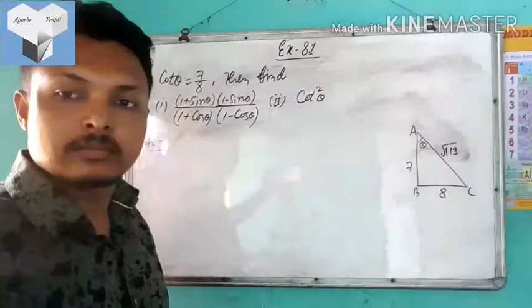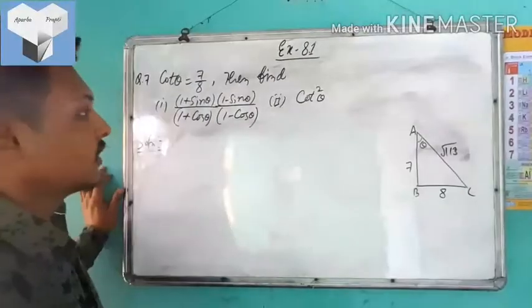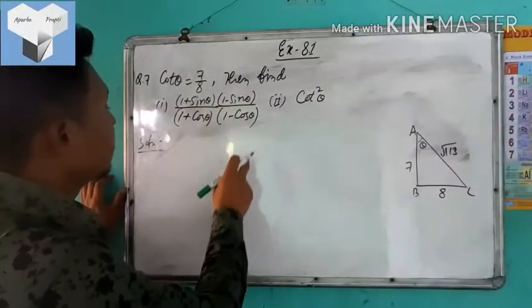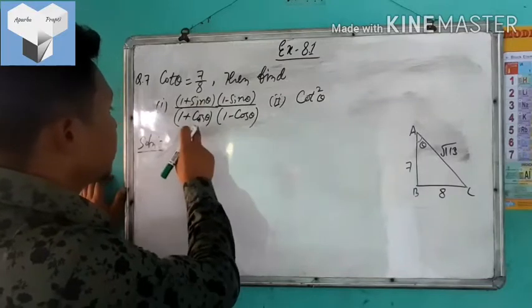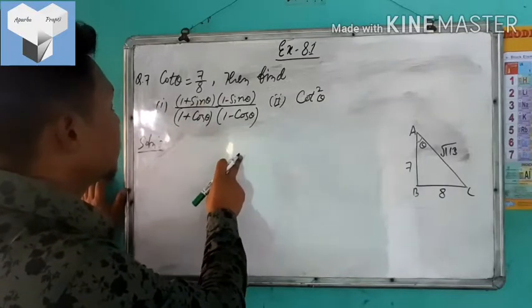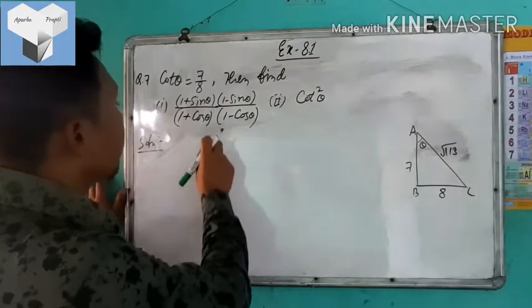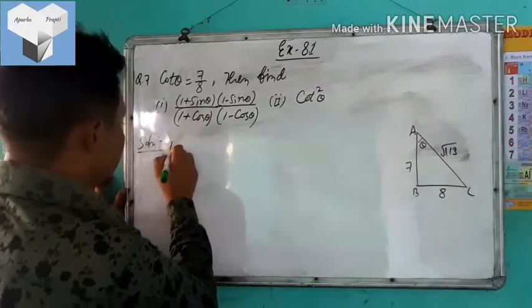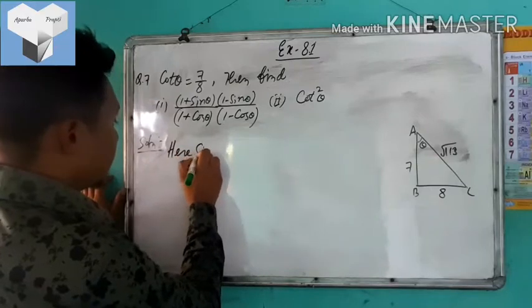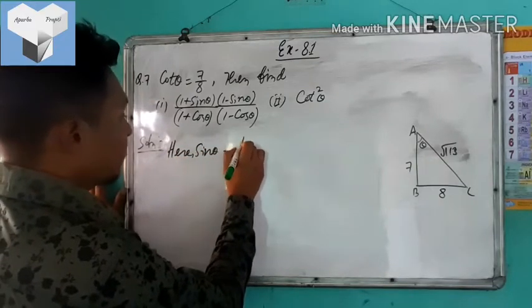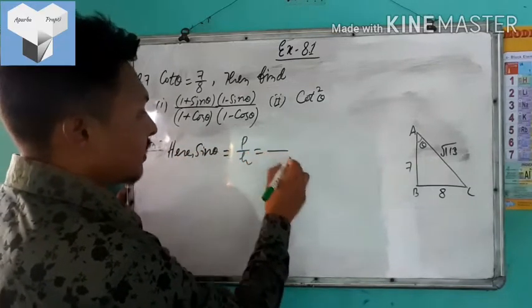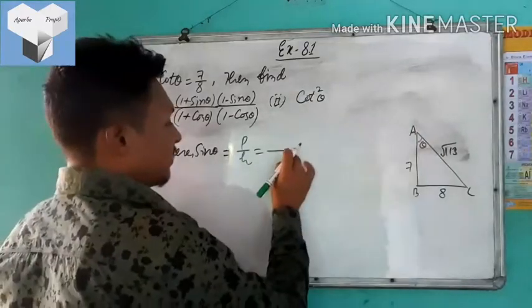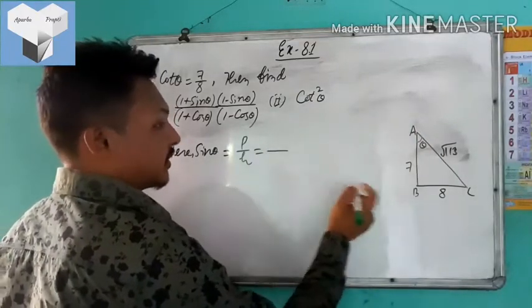Okay, since in the expression sin theta occurs as well as cos theta, first of all we shall find the values of sin theta and cos theta before the simplification. So here sin theta is equal to P by H. That means with respect to angle theta it is perpendicular by hypotenuse.